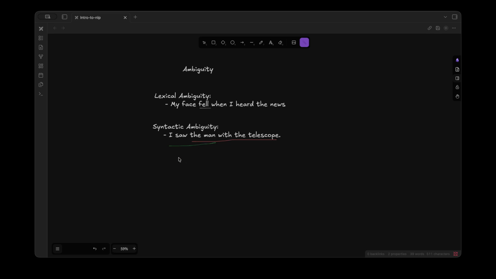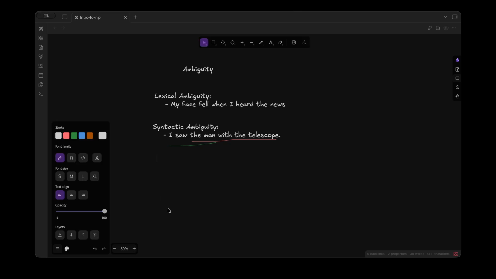Let me give a little bit of an example of semantic ambiguity. So the next thing is semantic ambiguity.